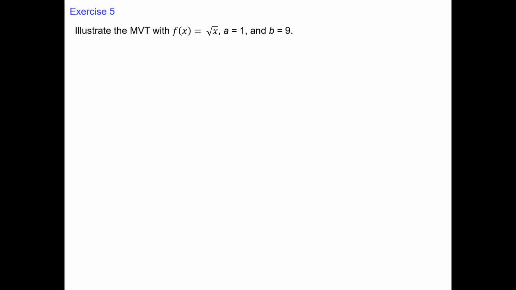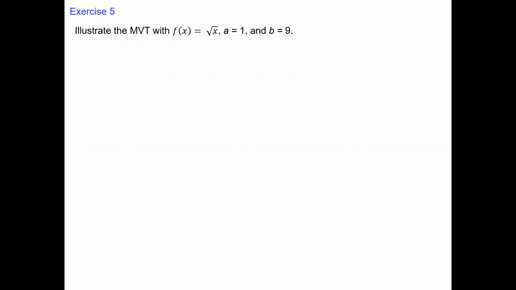Because I typed some of the questions, let's illustrate the mean value theorem with f of x equals the square root of x from 1 to 9. We just have to verify that this makes sense. The function square root of x is continuous and differentiable between 1 and 9.